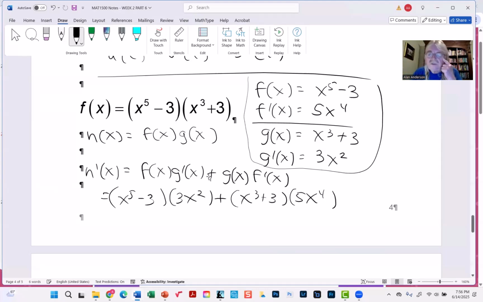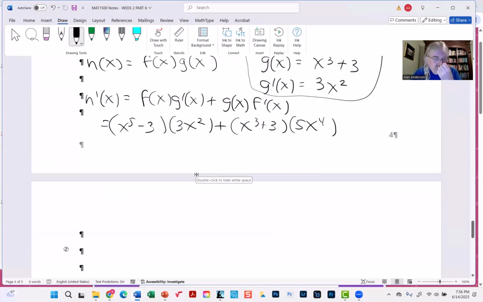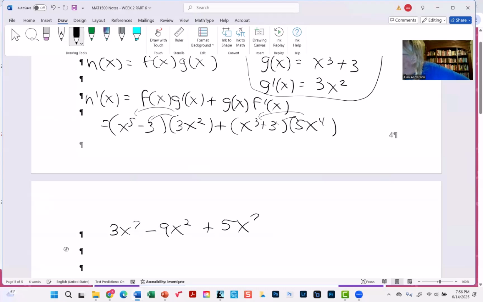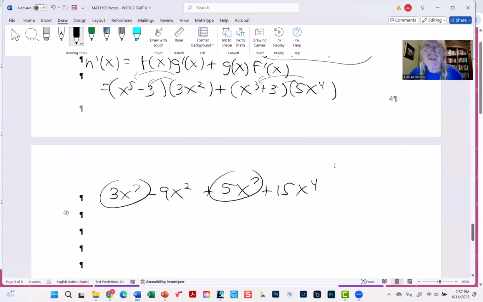Okay, now I noticed in the answers that they multiplied these out and consolidated all the terms, so we'll do that here. I'm going to distribute this across both of these. So I'm going to get 3x to the 7th minus 9x squared plus 5x to the 7th plus 15x to the 4th. So there's two terms that have an exponent of 7.